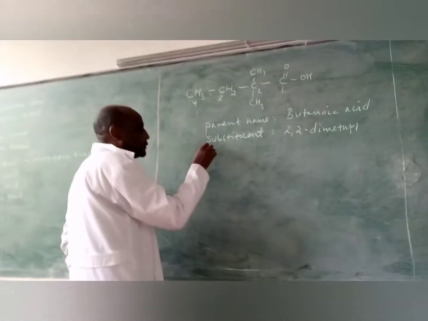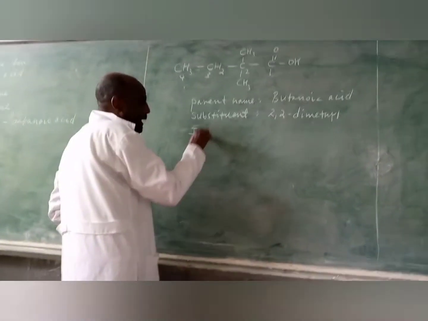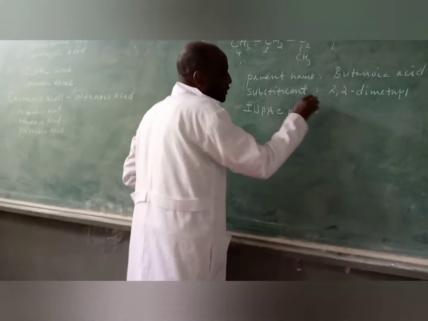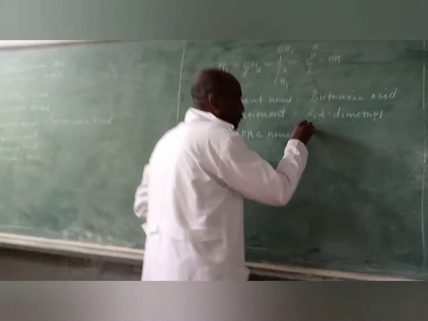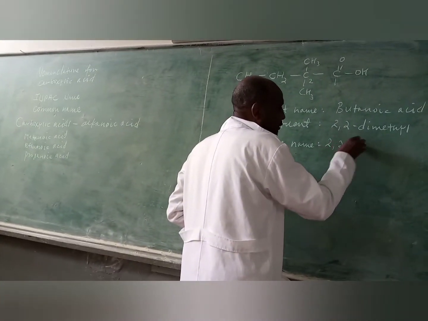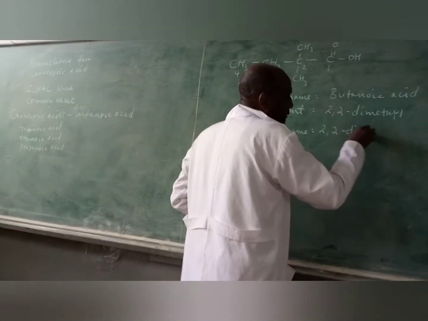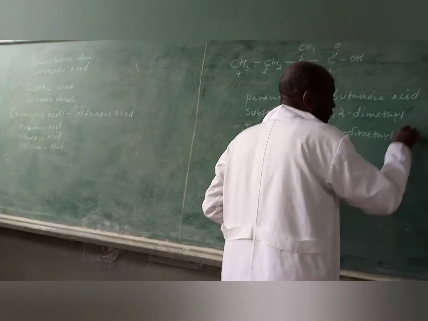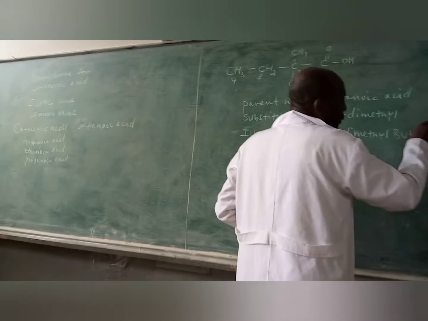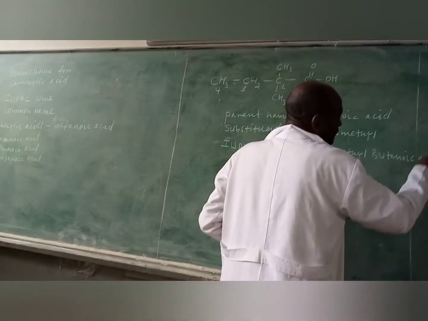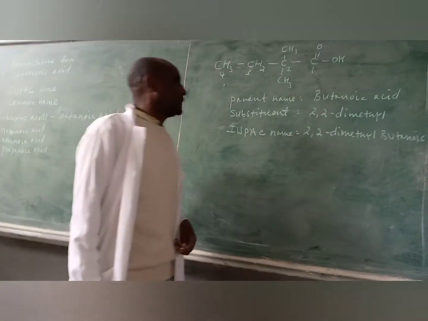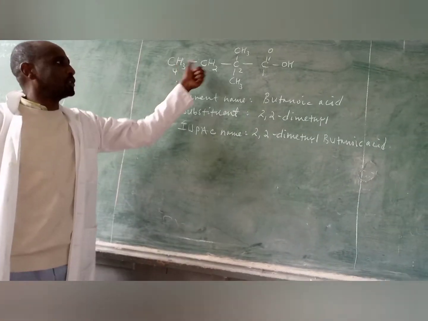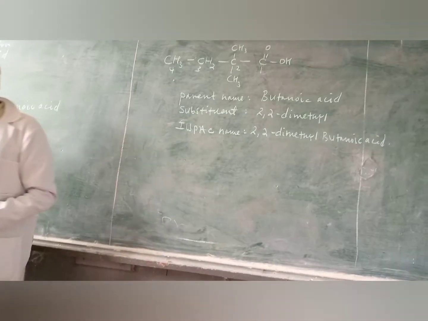Therefore, the IUPAC name for this compound is 2,2-dimethylbutanoic acid. This is how to give IUPAC name for the given monocarboxylic acid.